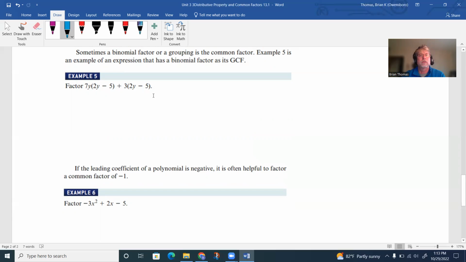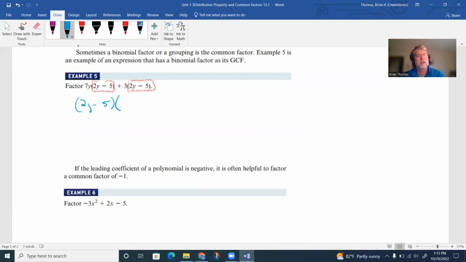So what we pick up on is, in this case here, the 2y minus 5 is actually a common factor. So what we do is that common factor gets pulled out, or divided out, if you will. I'm just not showing that step, I'm doing it mentally. So we divide out or pull that 2y minus 5 out. Now what I need to do is show that in parentheses, because that whole quantity is a common factor.